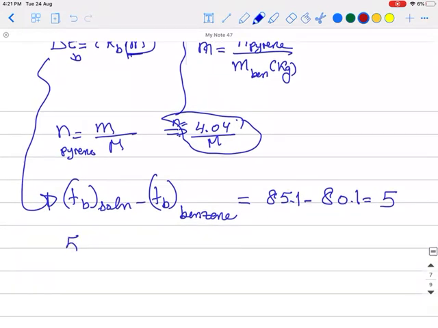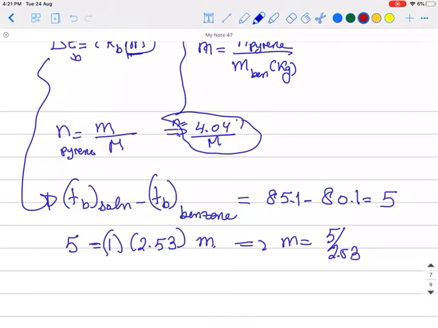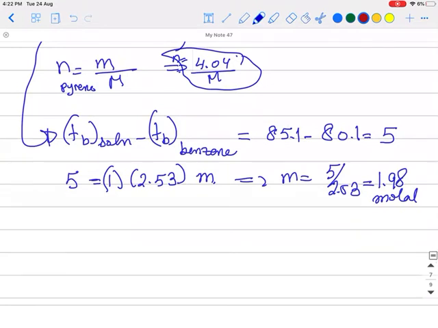So let me substitute in the equation. 5 equals 1 times Kb, and the Kb is given to me 2.53, multiplied by the molality. So the molality equals 5 over 2.53, which is 1.98, and the unit is molal.